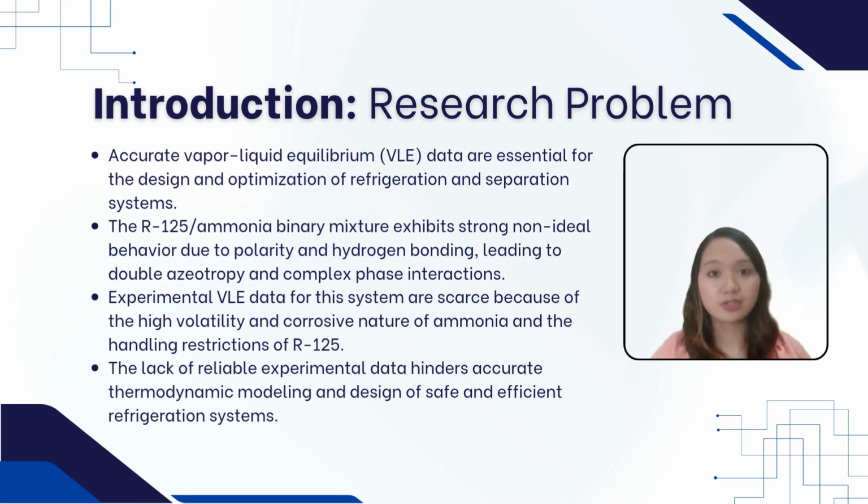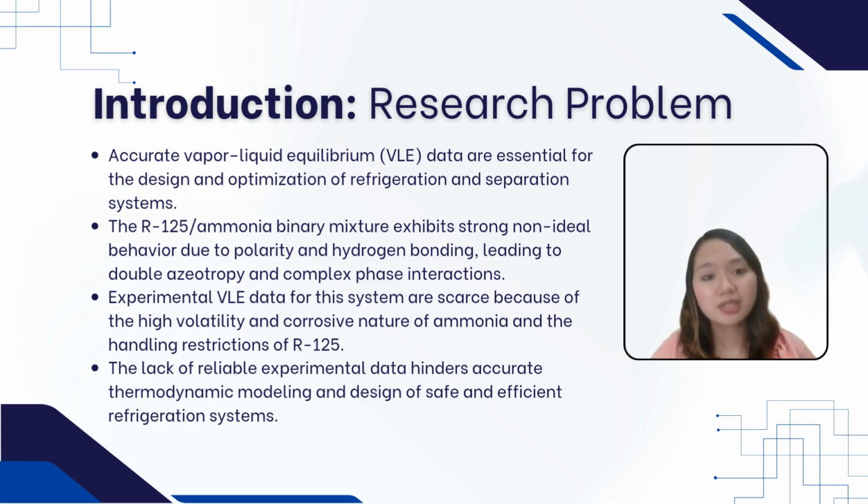Starting off with the research problem. The R125 and ammonia mixture present significant challenges in thermodynamic modeling. Firstly, obtaining reliable experimental VLE data is difficult due to the high volatility and corrosiveness of ammonia and the handling restrictions of R125, which limits available measurements.